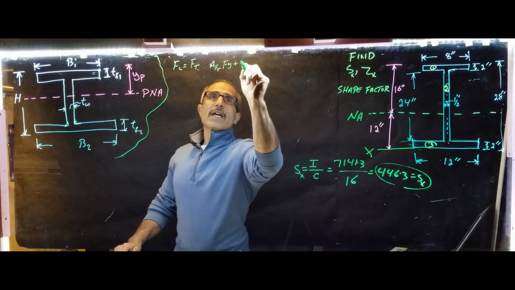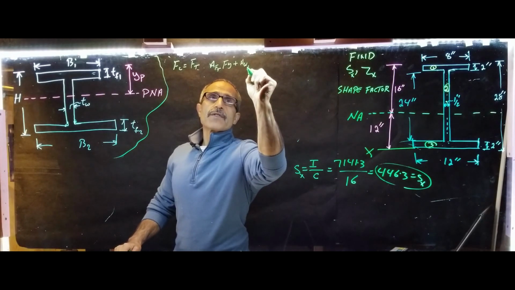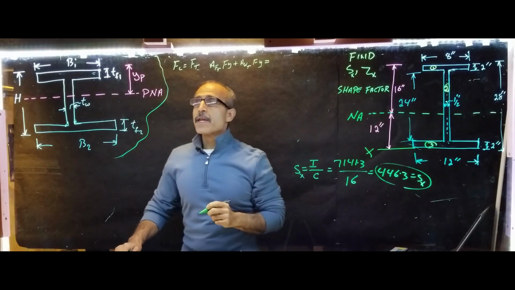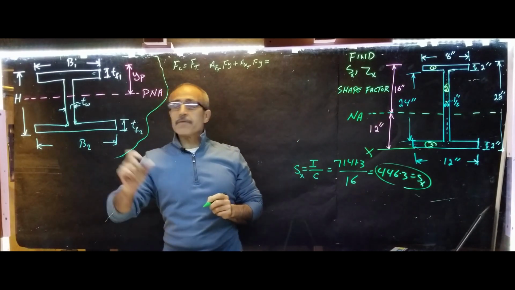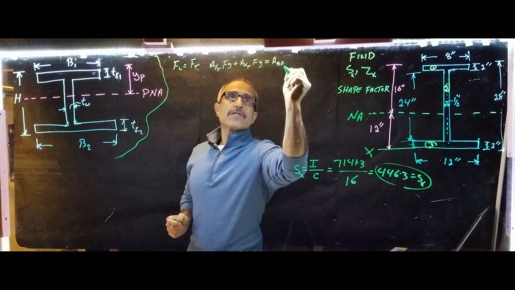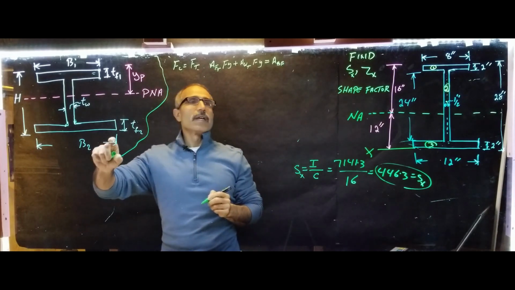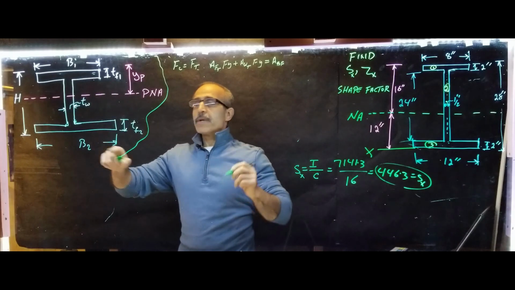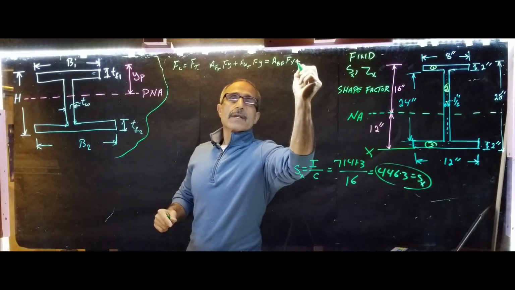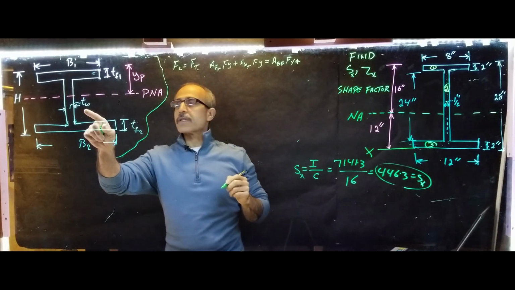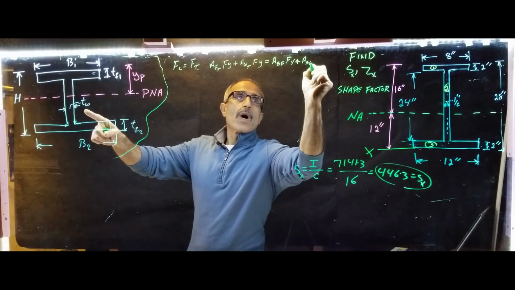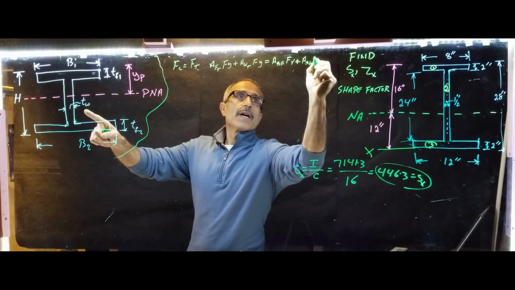That's going to be the area of the top web times Fy. And that should equal the area of the bottom flange times Fy, plus the web force, which is the area of the bottom web times Fy.